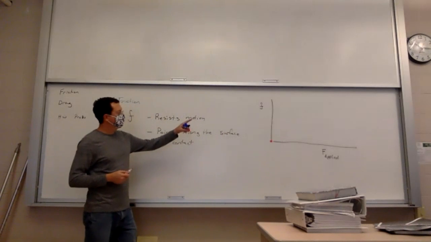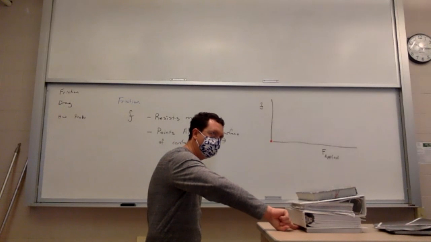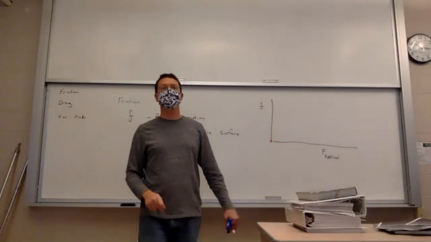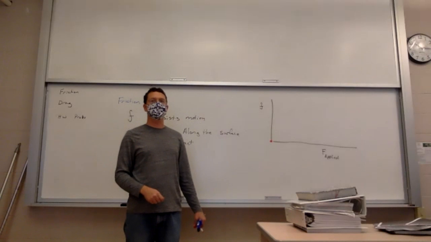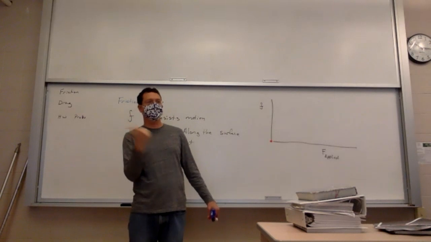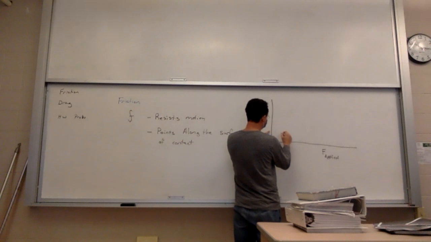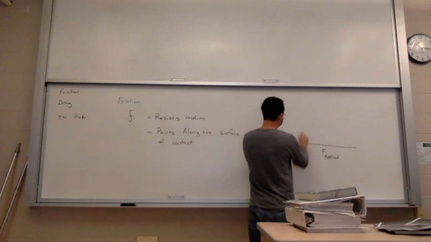Okay. Now, if I apply a little bit of force, how much friction force is needed to oppose it? If I apply a little bit, friction just applies a little bit to cancel it out. So a little bit of force, a little bit of friction. A little bit, a little bit.